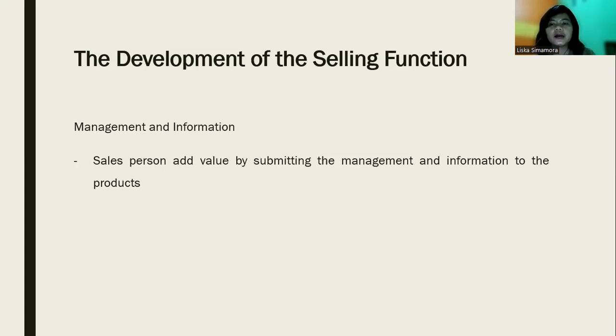For example, because now people are getting smarter, they want the product to be fresh. So the company should apply management to harvest their product. For example, they do pre-order because they are going to harvest the products in the next 3 days.